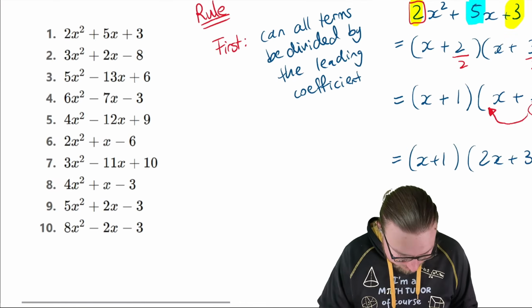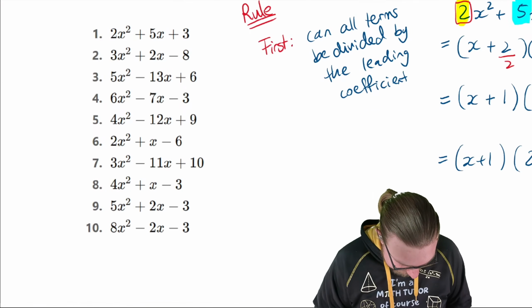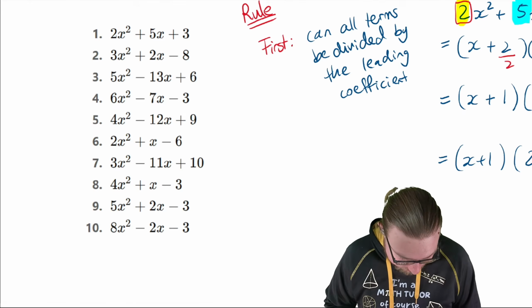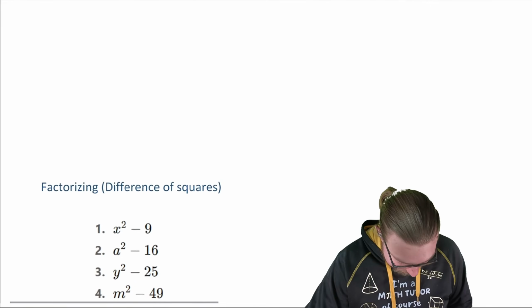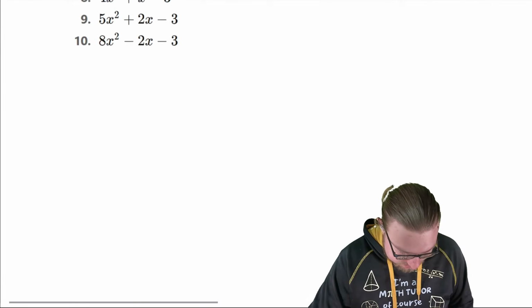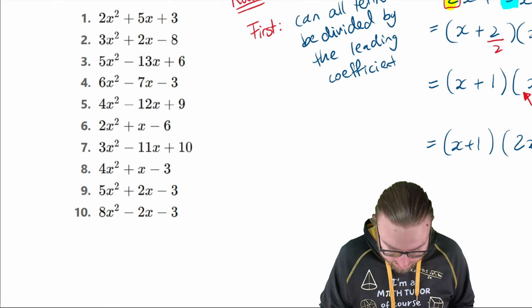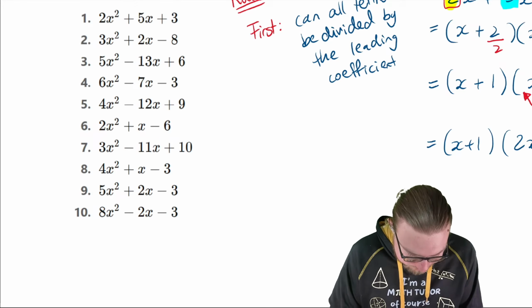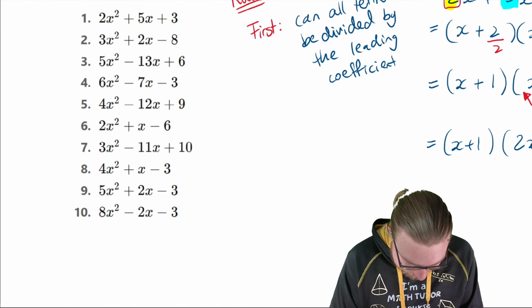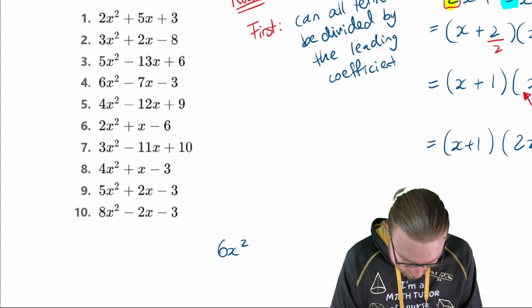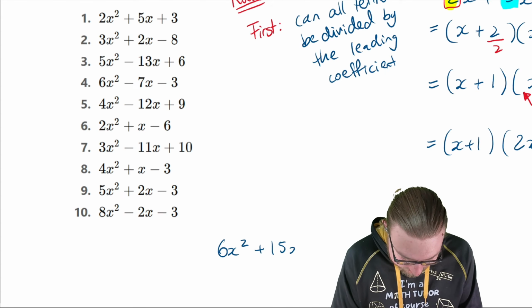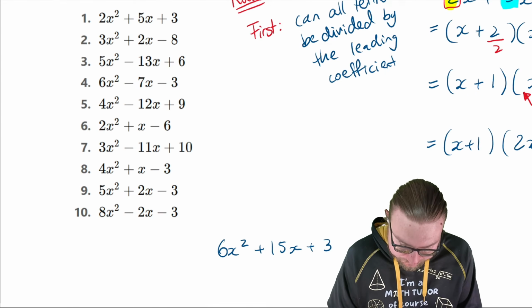Now let's have a look if we have a question where we do have a number in front that all can be divided by. No, that is not our next one. Let me make one up so I can show you guys what we need to do. Let's say we have 6x squared plus 15x plus 3.